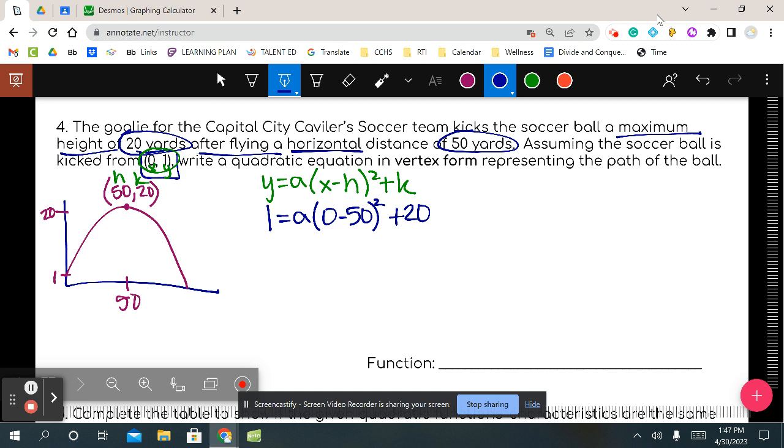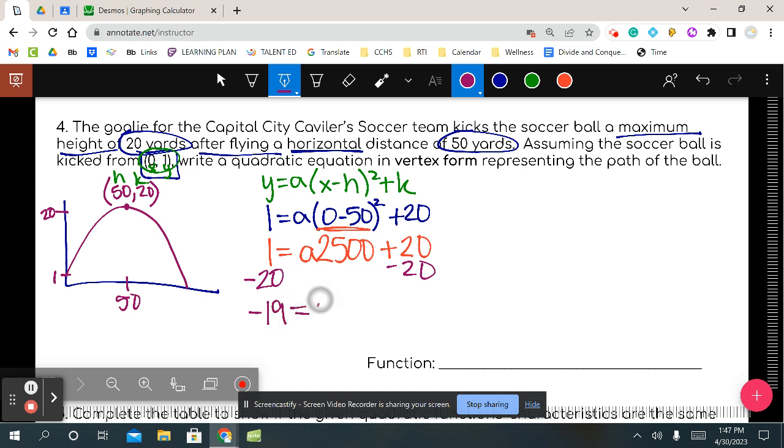And then we are going to solve this. So the first thing you are going to do is 0 minus 50 is negative 50. Negative 50 squared is going to give you 2,500, plus 20. Subtract that 20, so you're going to get negative 19 equals 2,500a.